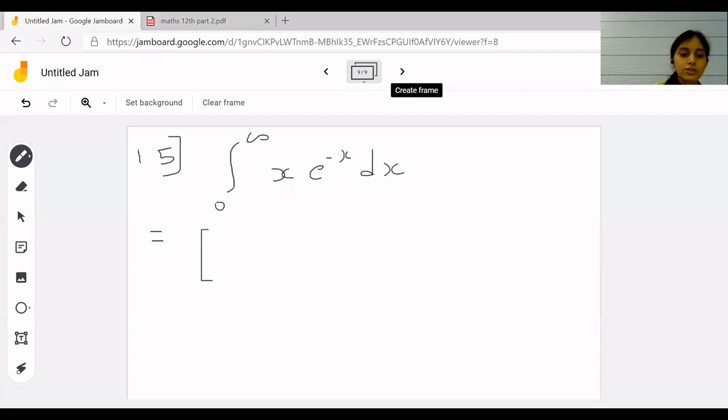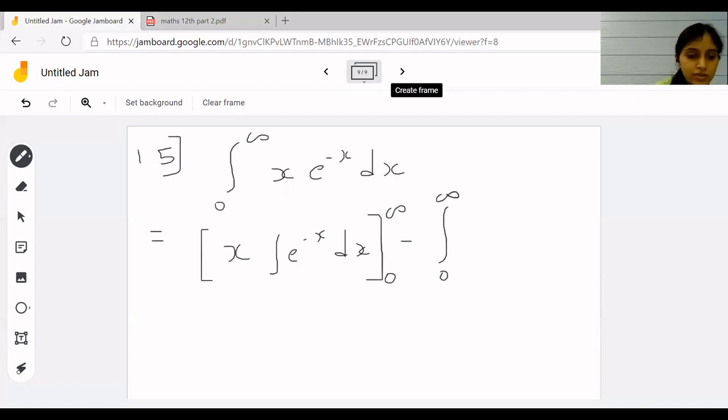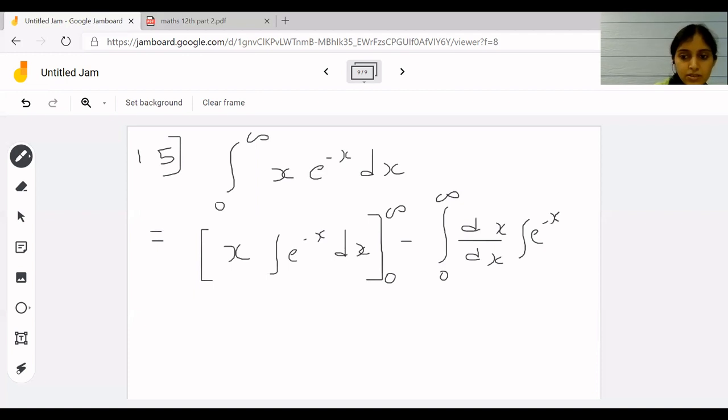I'm again using u integral v dx, so I've taken u as x now. Integral e raised to minus x dx, 0 to infinity, minus integration of 0 to infinity d by dx of x integral e raised to minus x dx, and this whole into dx.